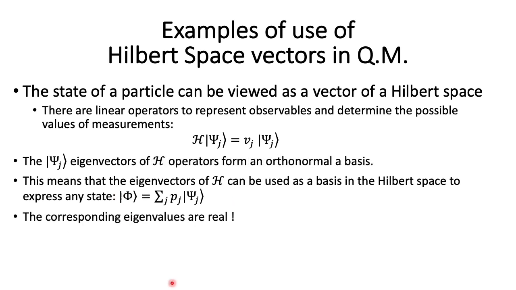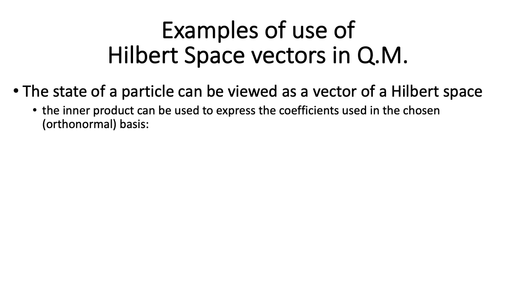And the corresponding eigenvalues, the Vj here, happen to be real, so you can actually link them to the measurable values that you will see in the physical world. How great is that?